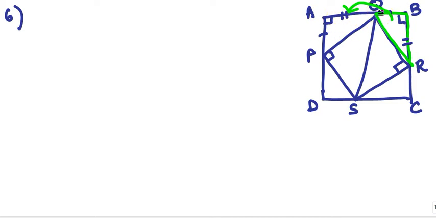But how are we going to do that? Well, you know that whenever you see a right angle triangle, the first thing you want to see is if you can use RHS. So let's try.